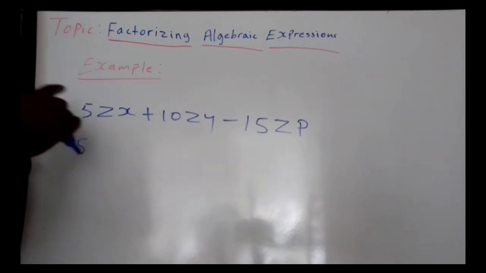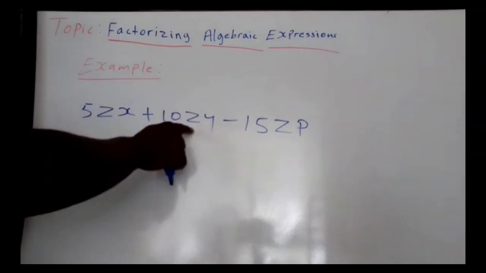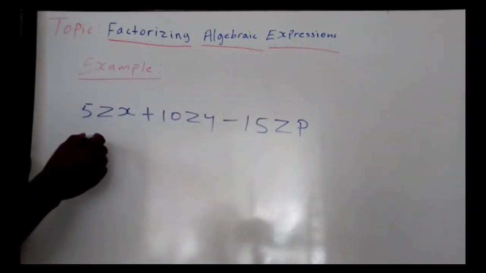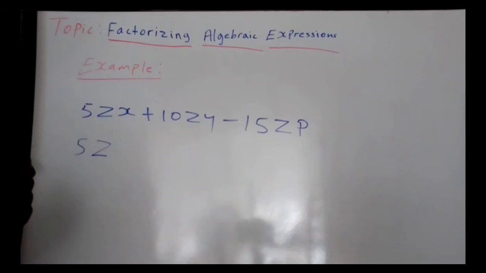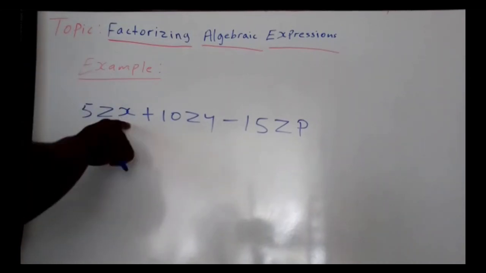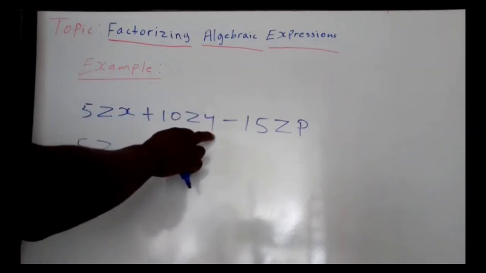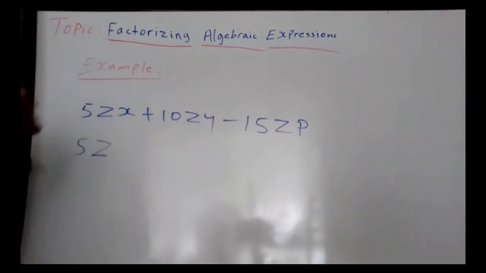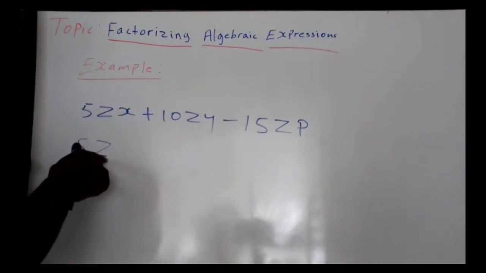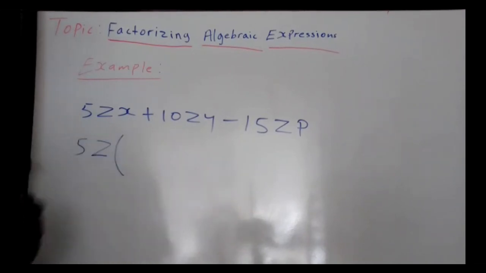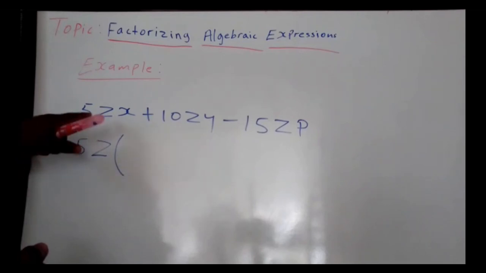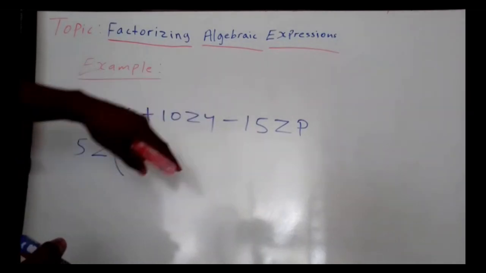We have z here, z here, and z here. Therefore, z is also common. So we have x here, y here, and p. So here, 5z, because z is common.